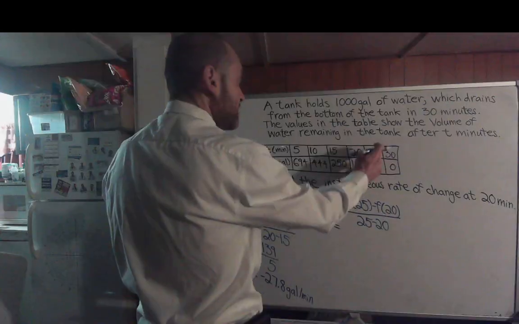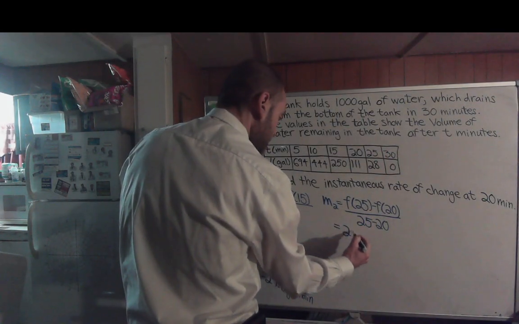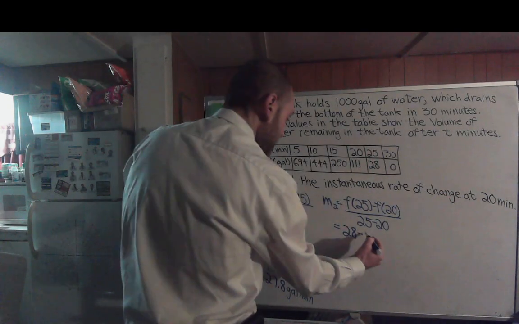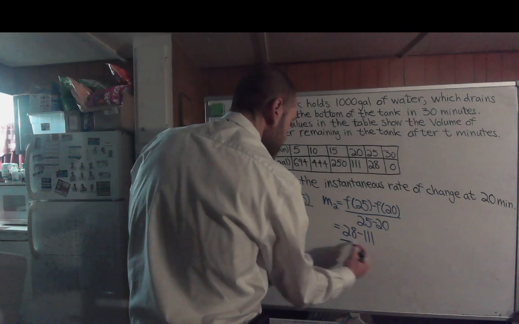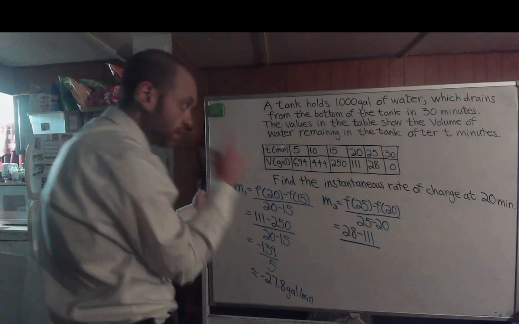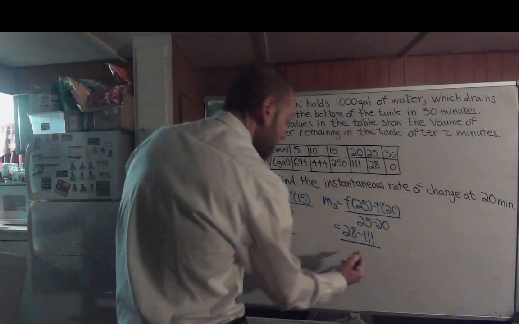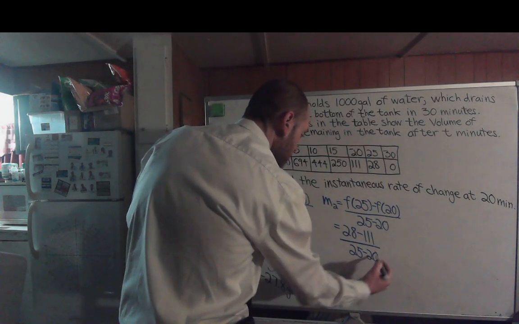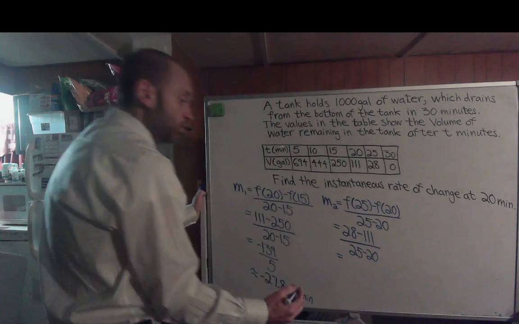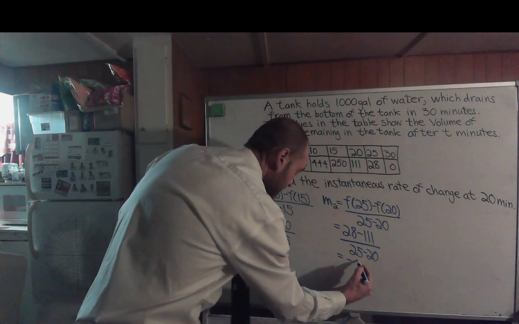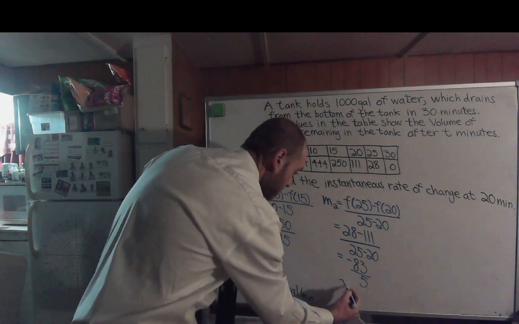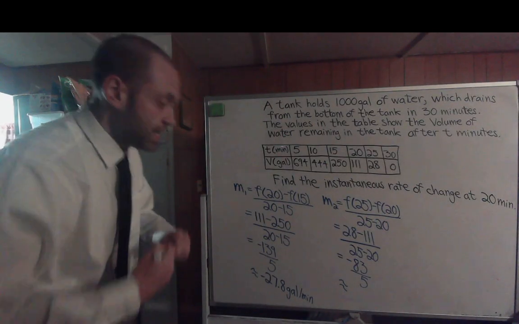Well, at 25 minutes, I have 28 gallons left in the tank. Minus at 20 minutes, I have 111 gallons left in the tank. All that divided by 25 minus 20, which would end up giving me negative 83 divided by 5.